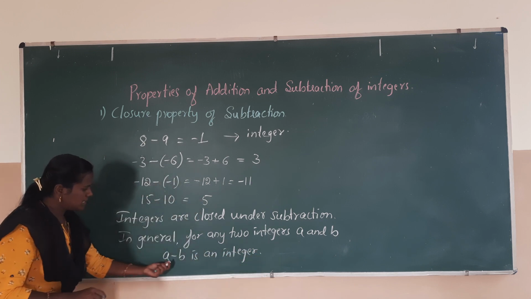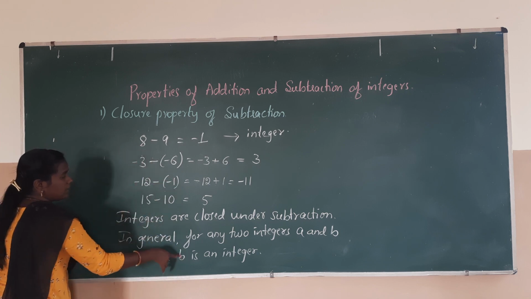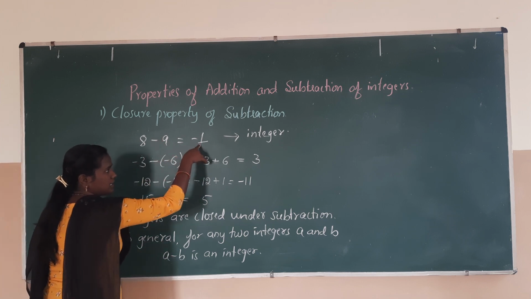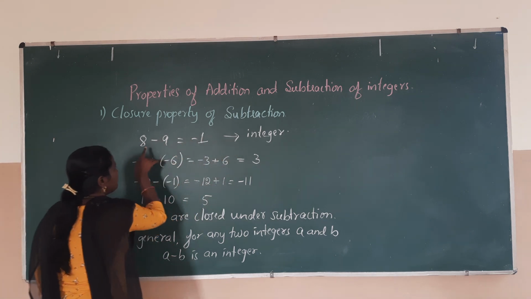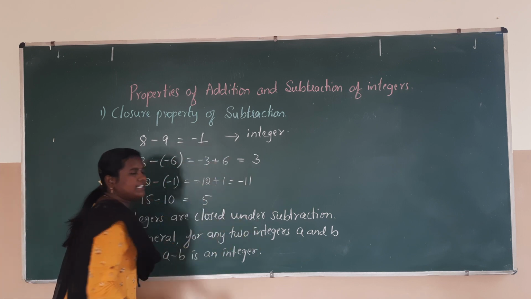What is this a minus b? If you consider a as 8 and b as 9, the difference is minus 1 here. Therefore, the difference of a and b is again an integer.